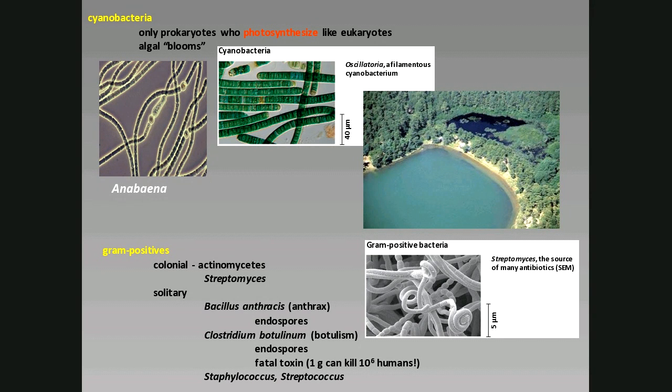But solitary, there is Bacillus, the anthrax, and the one that causes botulism, Clostridium botulinum, which produces endospores and an endotoxin that is so fatal a gram can kill 1 million humans. Nasty stuff. Staph and strep are both examples of gram-positive solitary prokaryotes too.